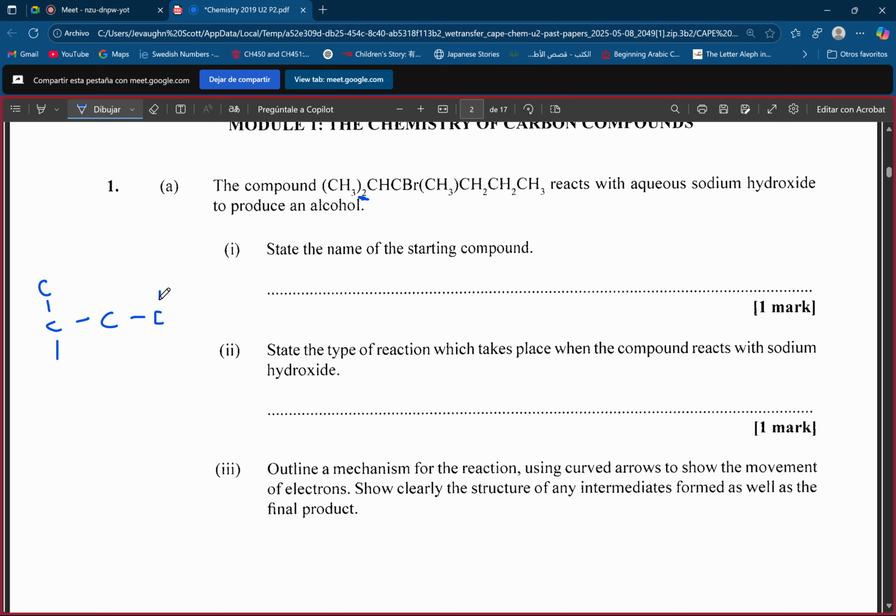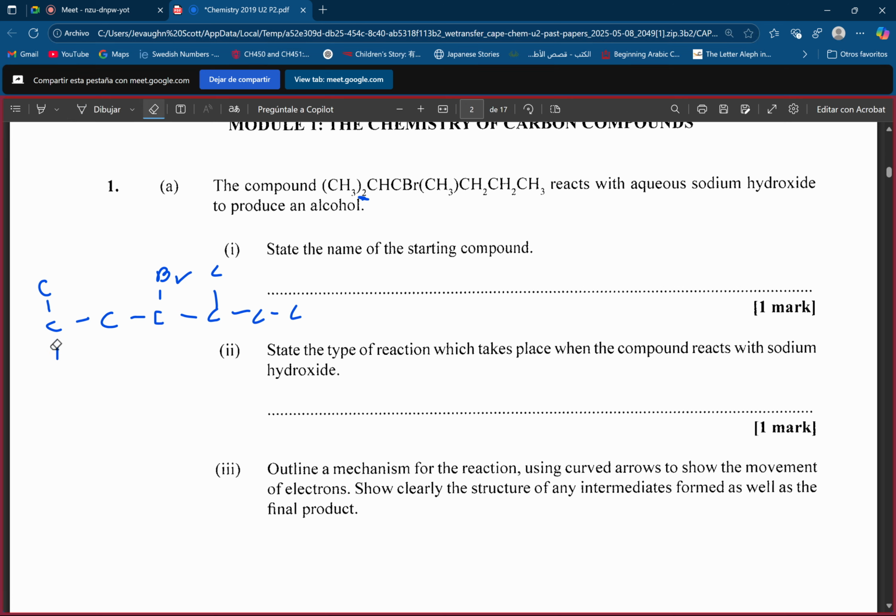Remember, if we disagree, we can state that. Then we're gonna have another methyl group attached to another carbon, right? And then two other carbons coming out here. All right.